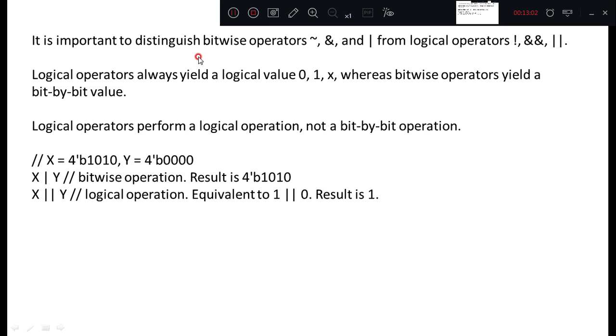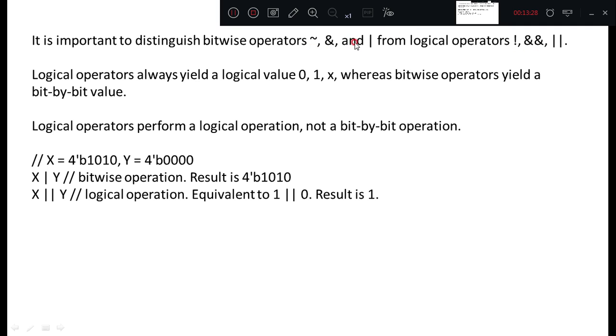It is important to distinguish bitwise operators, ampersand, AND gate, OR gate and negation, from logical NOT, logical AND, logical OR operators. When we discussed logical operators, we used these symbols.